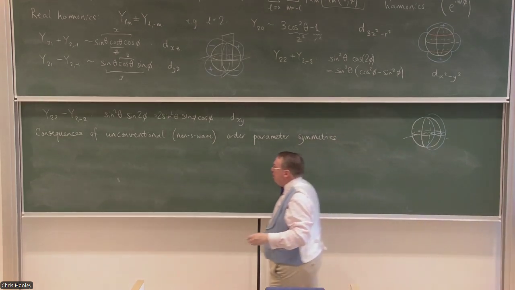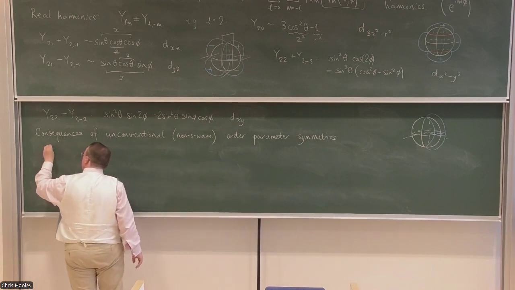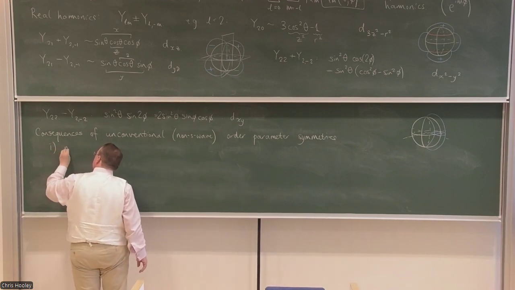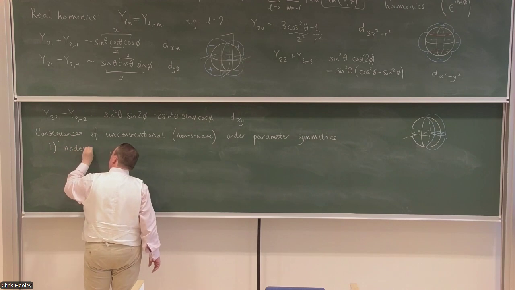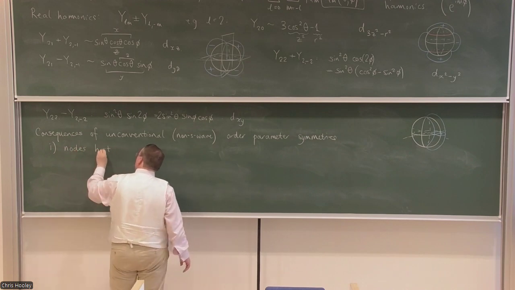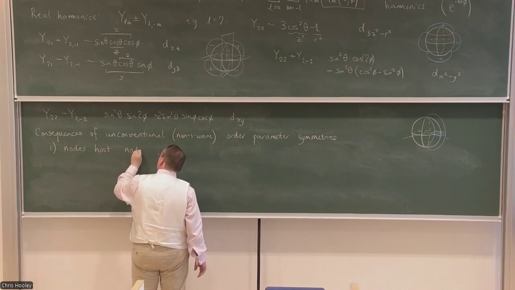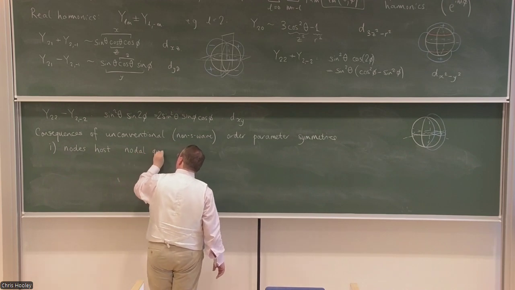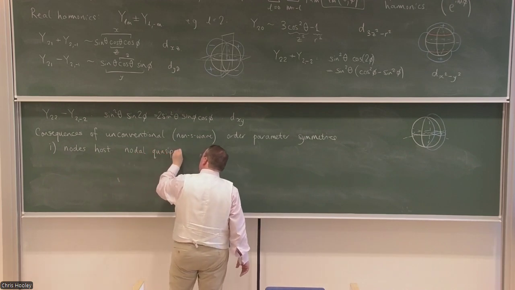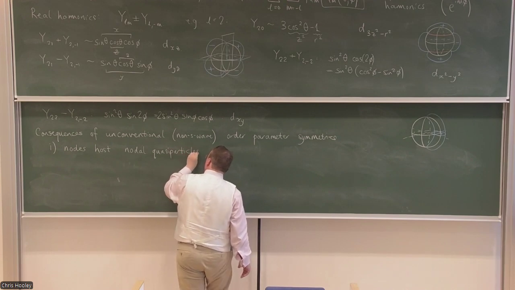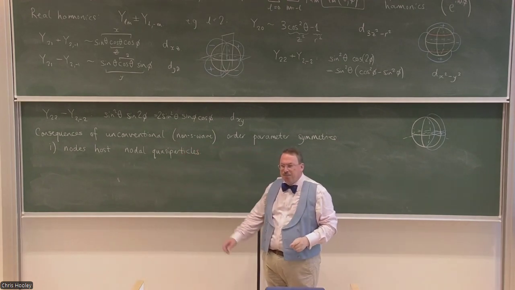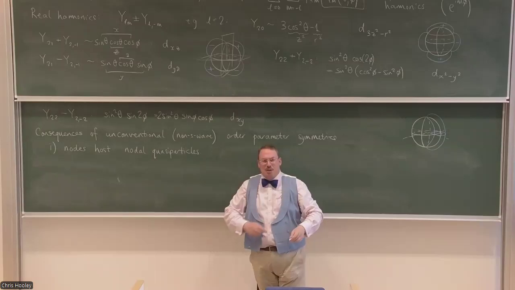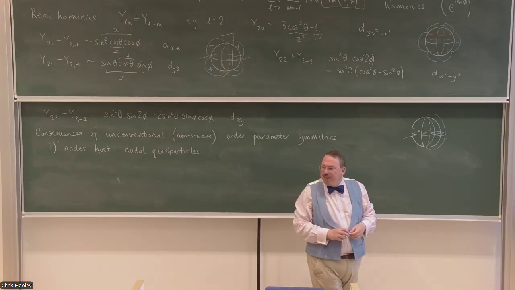And perhaps the most easily observable one is the way you have nodes in the gap. If you do, those nodes host nodal quasiparticles, so-called because they are quasiparticles that live at the nodes of the gap.